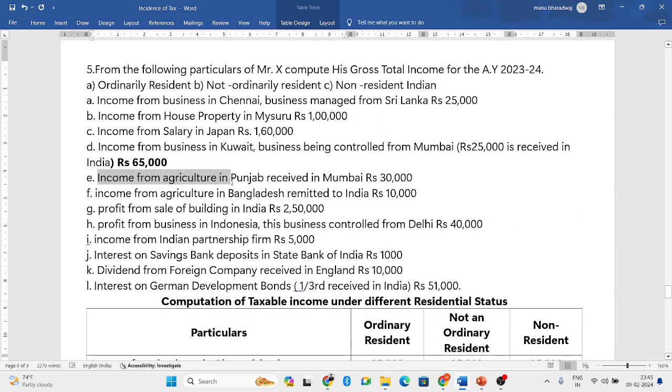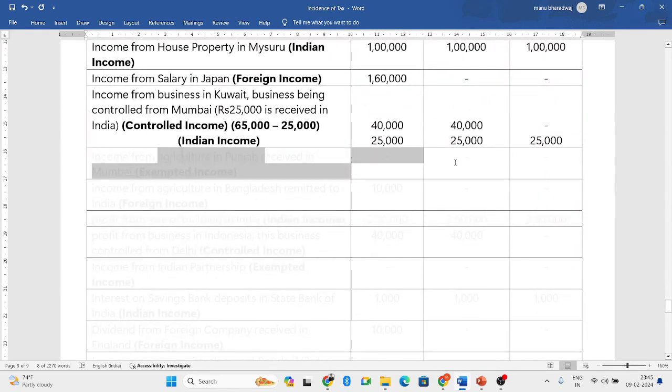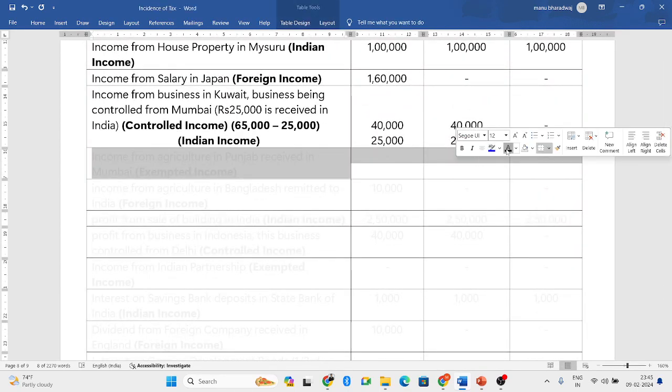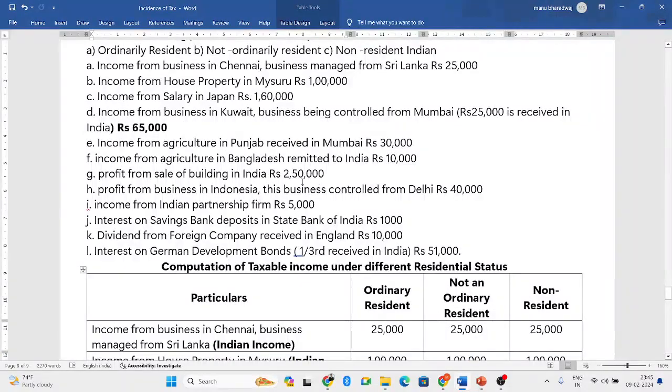Income from agriculture in Punjab received in Mumbai. Punjab and Mumbai both are in India, and agricultural income from India is completely exempted. Next, income from agriculture in Bangladesh remitted to India. As I've told you, the word remitted should be ignored in incidence of tax.